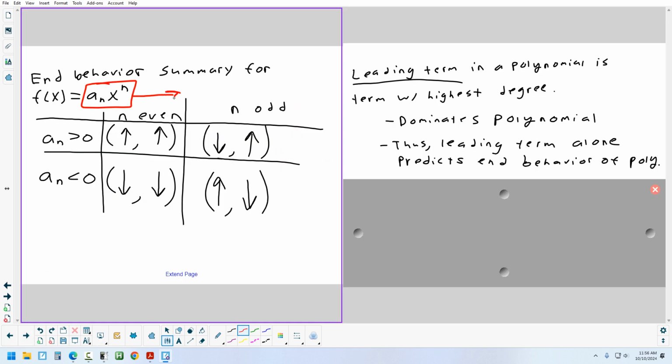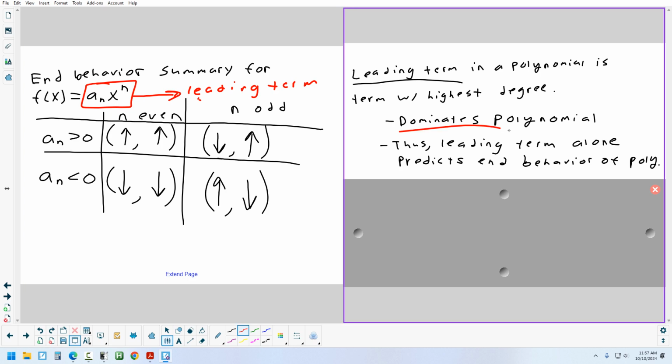So that is my leading term. It's the term with the highest exponent. Because that term has the highest exponent, that term is going to completely control what the end behavior looks like.